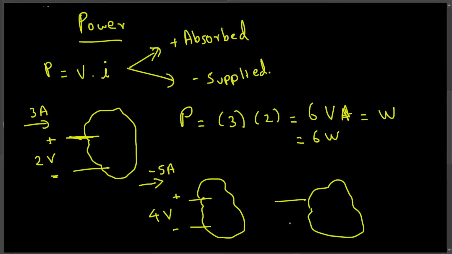this is like 5 ampere going into this direction, and then we still have the positive 4 voltage. This is equivalent: if the 5 ampere is going in the opposite direction of positive, it means it's going in the same direction of negative. So instead of writing like this, you can also draw like this.